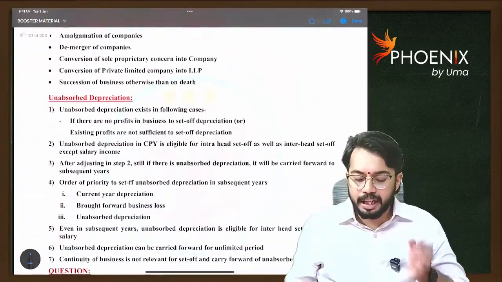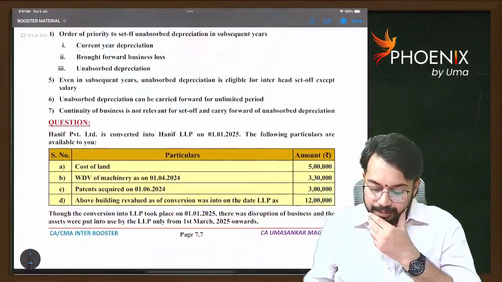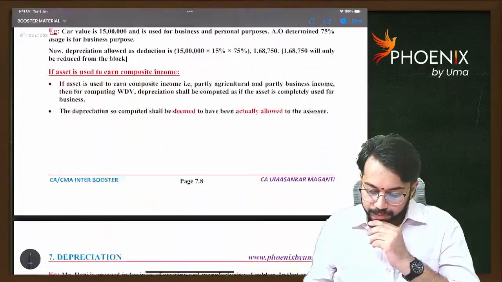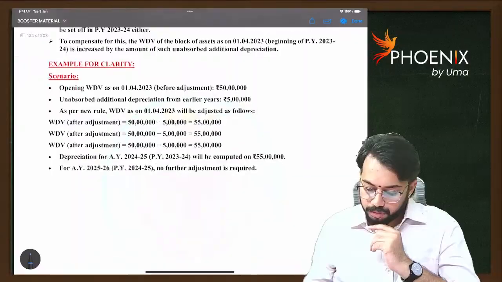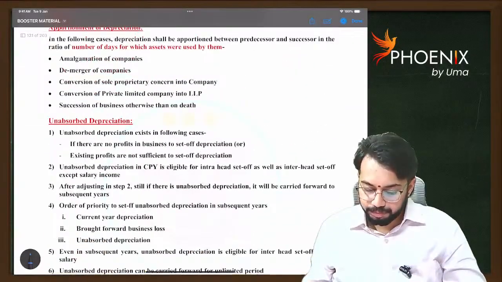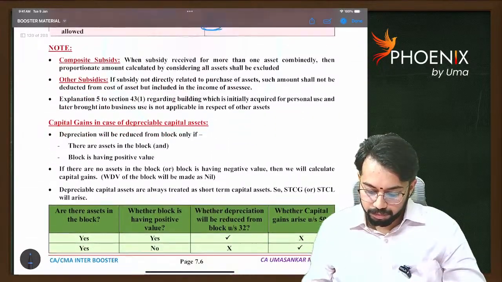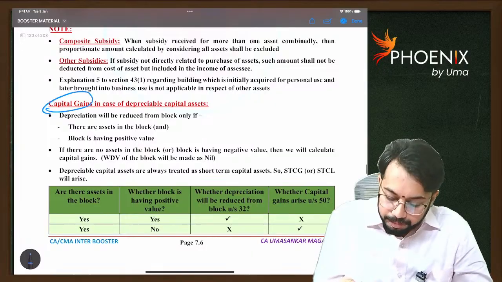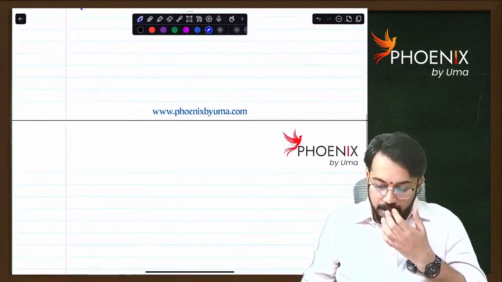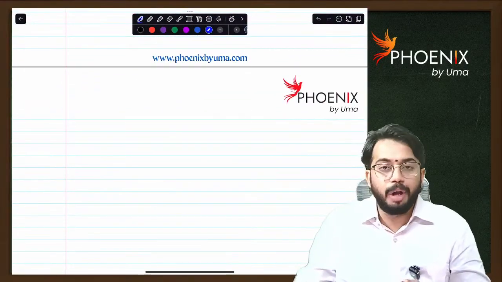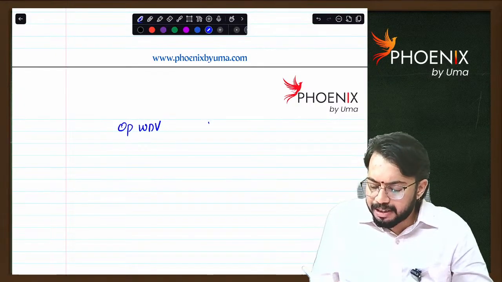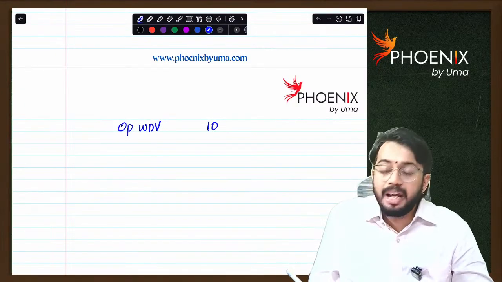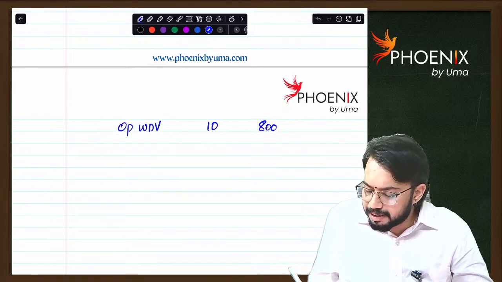Next, capital gains in case of depreciable assets. See, there is written down value of the block now. We will calculate opening written down value. Let's say 10 assets are there. Their value is 8 lakhs.